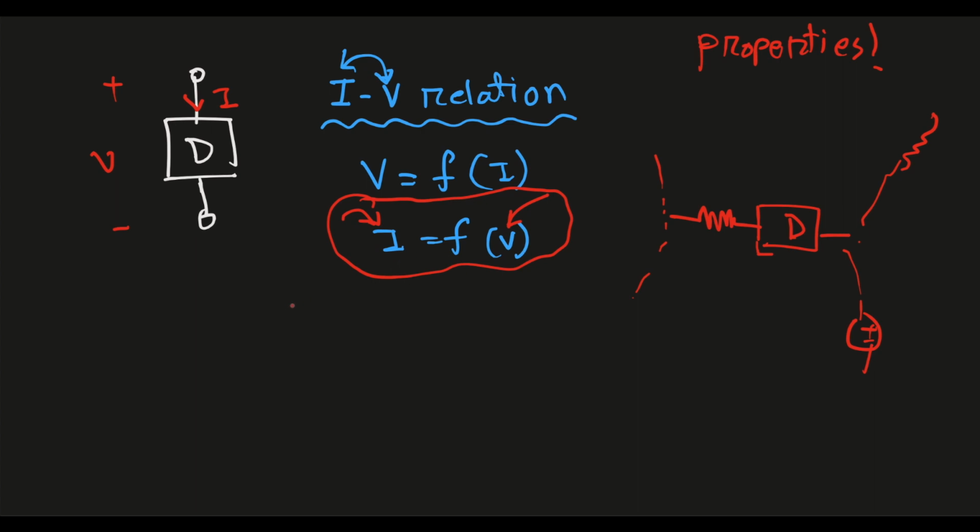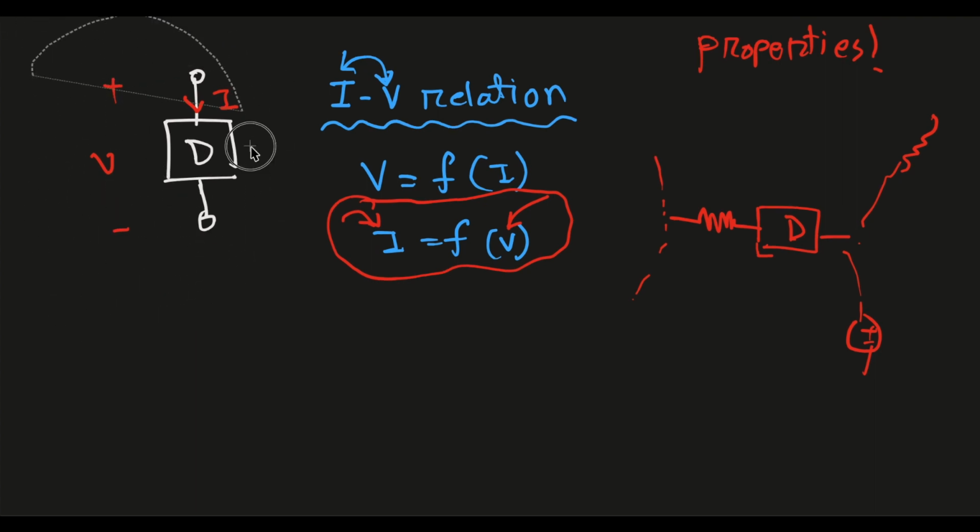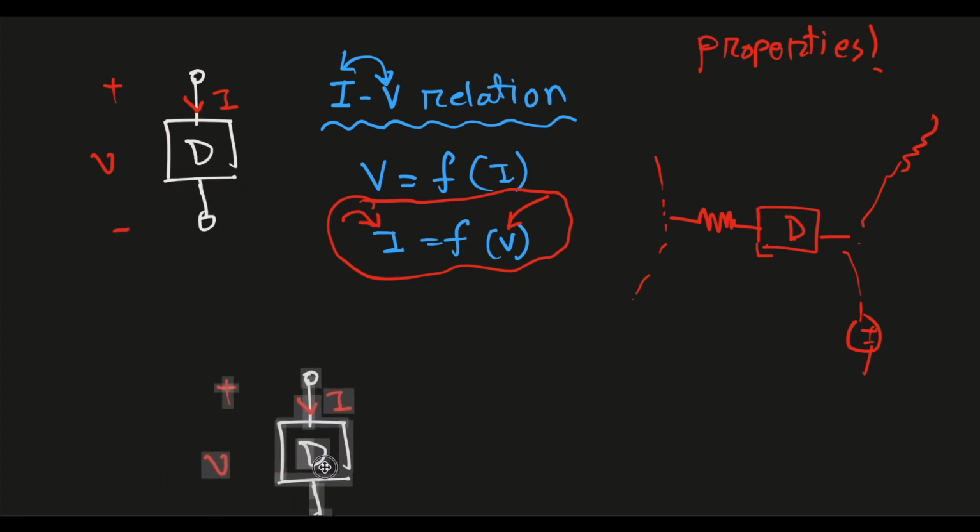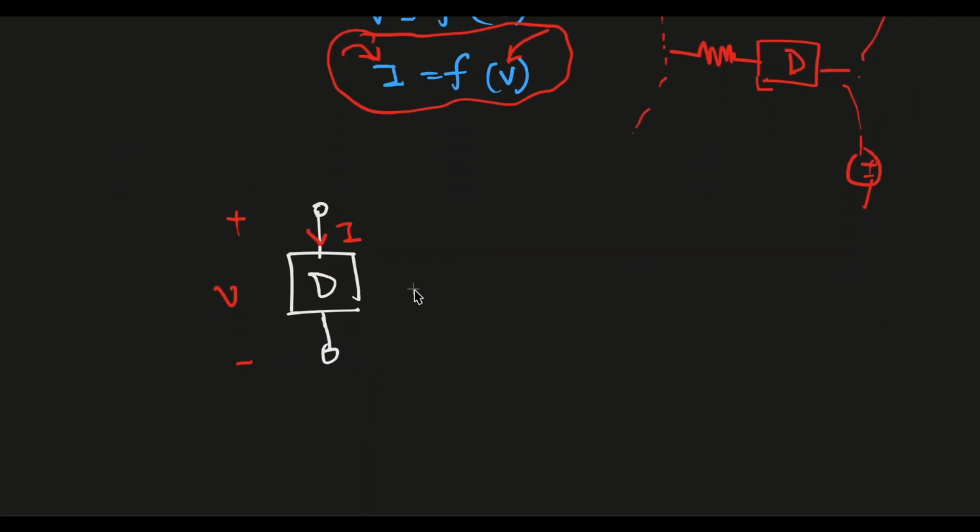voltage. Now, how can we find this IV relation? Say I gave you a device and I asked you to go find the IV characteristics of this device. Well, an easy way to do this would be, say I have this device and I want to find the IV relation.